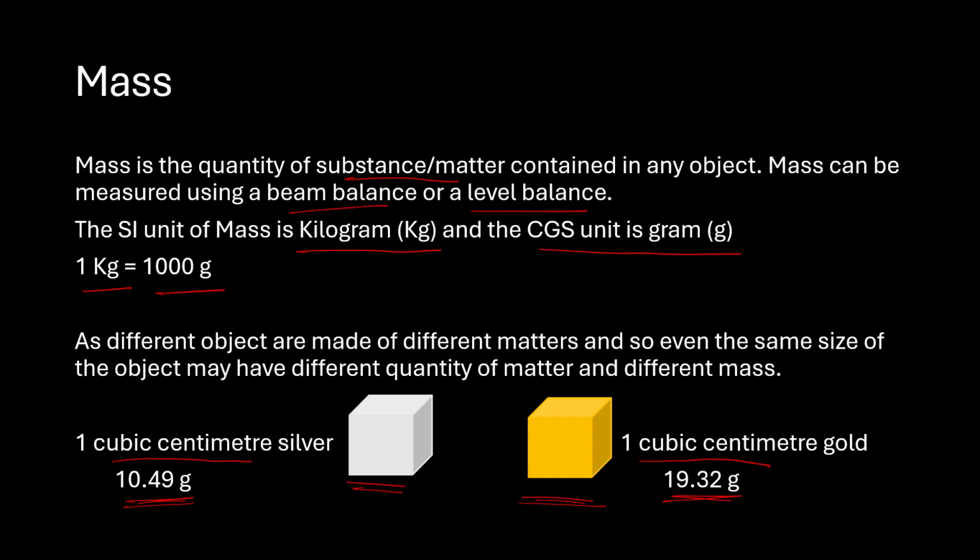That depends on which molecules it is made of, intermolecular space, properties of that matter. So the quantity of matter is different in two different objects, even if the volumes are same, right? So two different objects may not have the same mass, even if they have same volume.